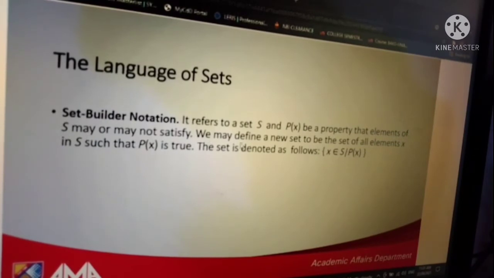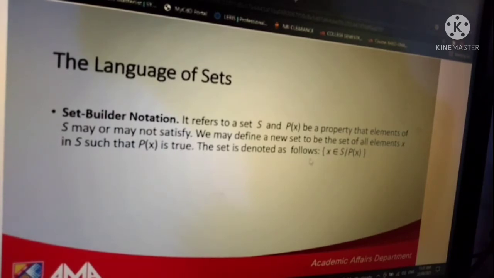No? We may define a new set to be the set of all elements X in S. Such as, aalamin natin yung magiging value or yung magiging output for us to have a true or that may satisfy the set of the given notation.